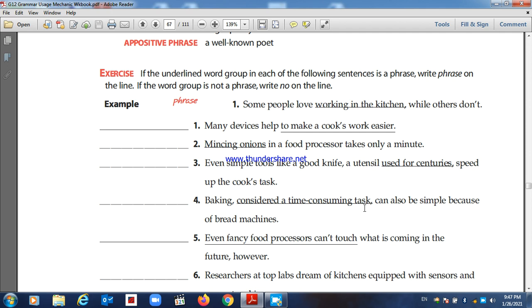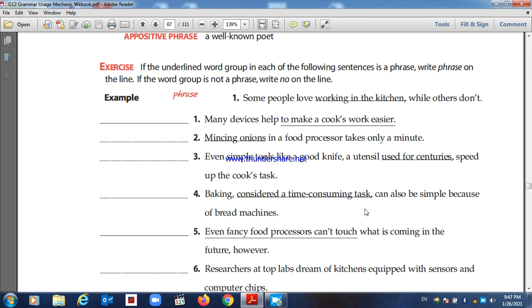Now this exercise is in our grammar books, page 66. So we answered number 1, infinitive phrase. Number 2, gerund phrase. Number 3, participial phrase. Number 4, appositive phrase. Number 5, no.